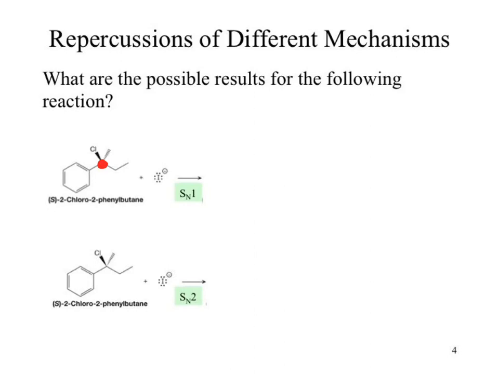Electrons can either come in from the top of that p orbital, in which case our bond is forming above our carbon, or the electrons from our nucleophile can come in below, in which case our bond is forming below the carbon. But why do I care? Because it's going to be a completely different product. There is no real resonance in this one, and we can address that as another issue. This is going to come back to what is special about that red carbon.